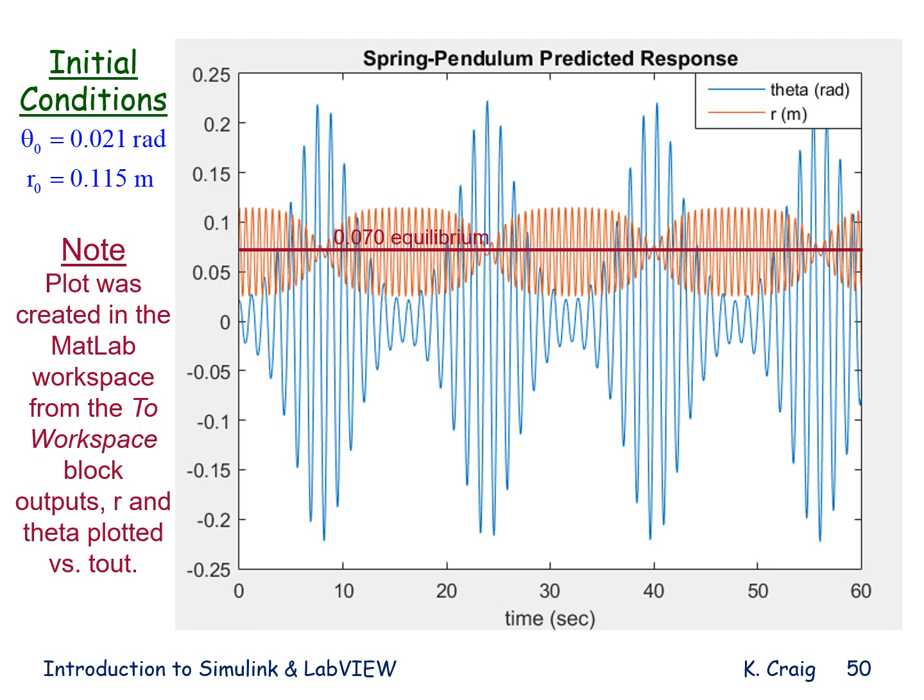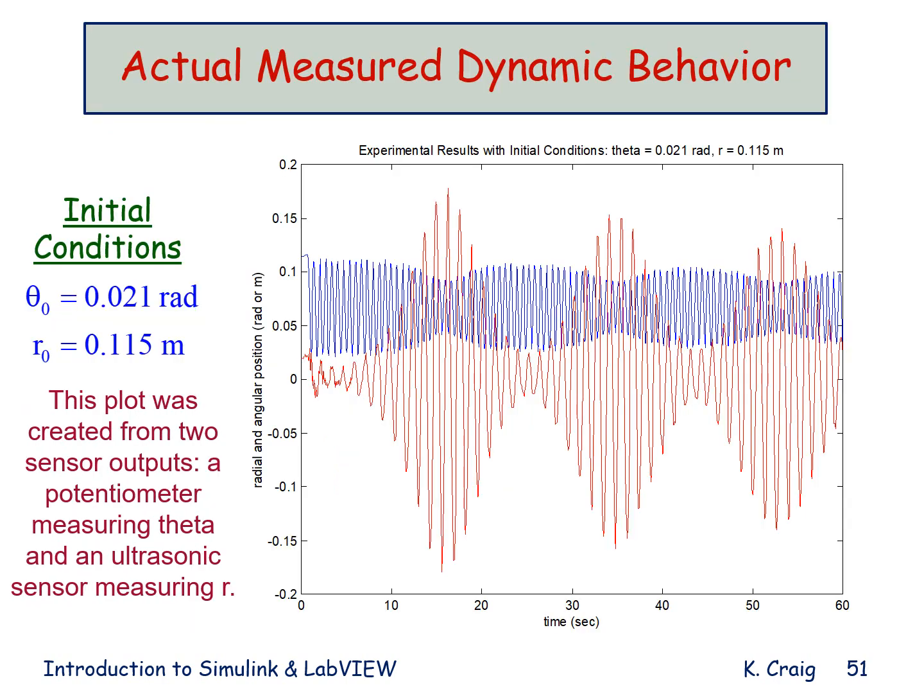This plot was created in the MATLAB workspace from the two workspace blocks, outputs R and theta plotted versus tout. Now, experimentally, on the actual system, I had two sensors mounted.